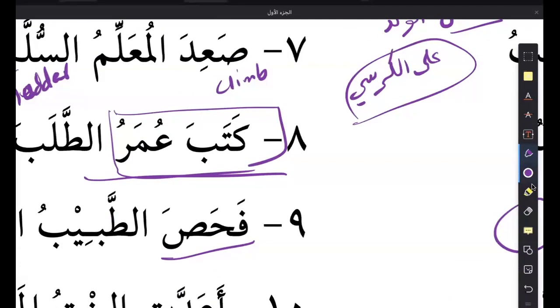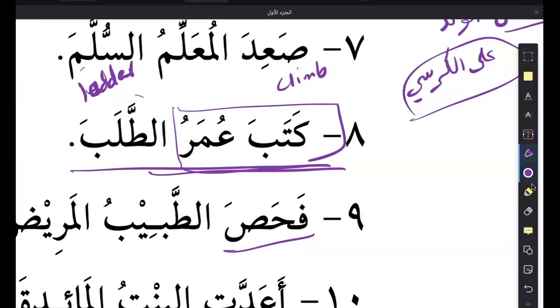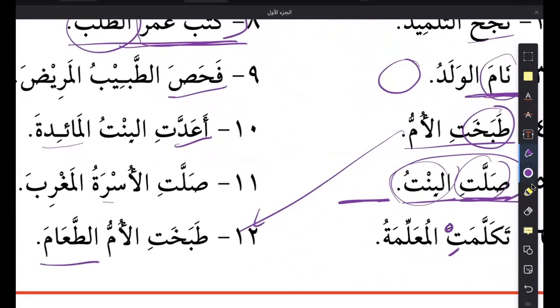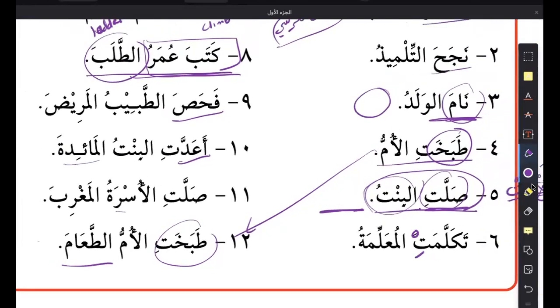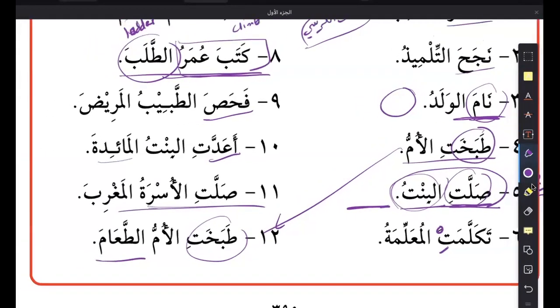Then your listener definitely wants to know, what did he write? Why are you telling me that he wrote and not telling me what he wrote? So then the object would be necessary. He's showing you that sometimes you can omit the object if it is clear from the context, and sometimes you have to put it, right? So here they're showing both of them.